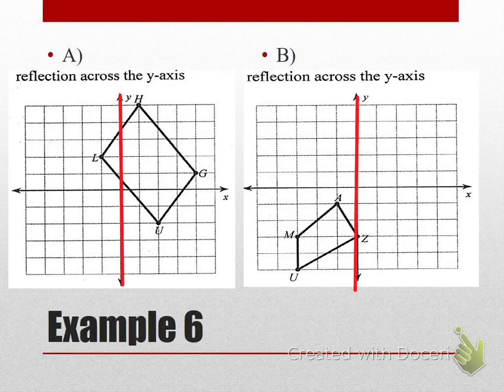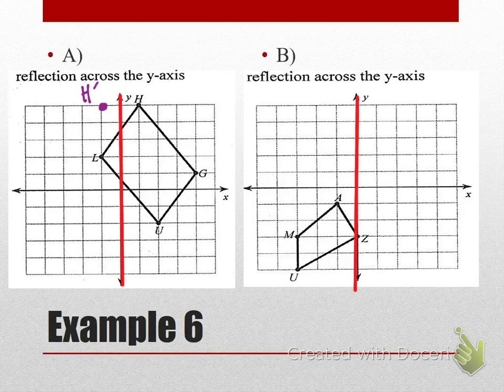Where did H prime end up? You could give me coordinates, or you could tell me relative to the line of reflection. Okay, so we would end up to the left of our line of reflection. What about L prime?